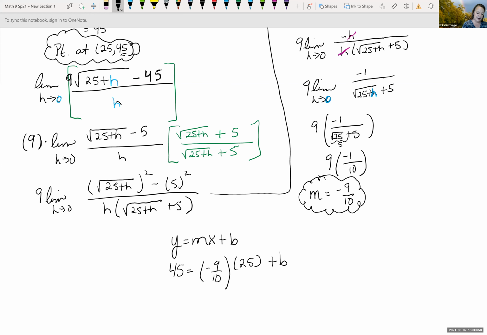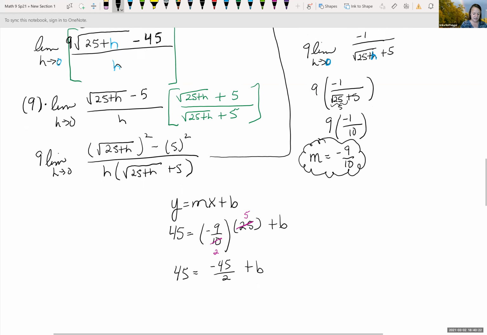Before I isolate b on one side, I notice I can simplify this 9/10 times 25. I have a 5 in common in the numerator and denominator, so this would reduce. So we have 45 equals 9 times 5, so 45, all over 2, plus b.